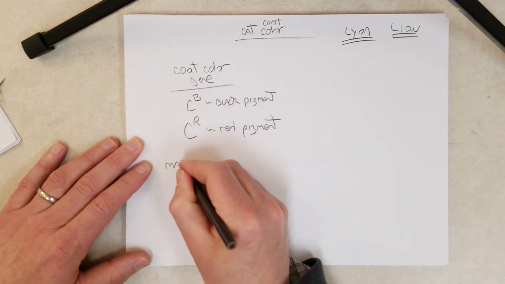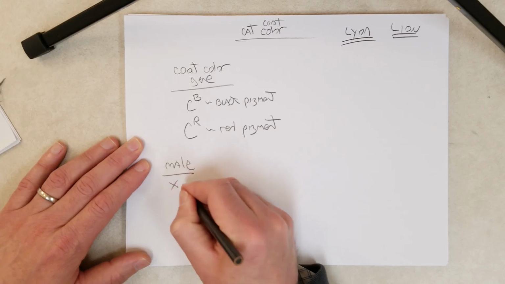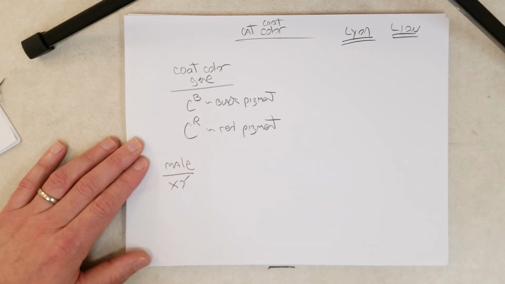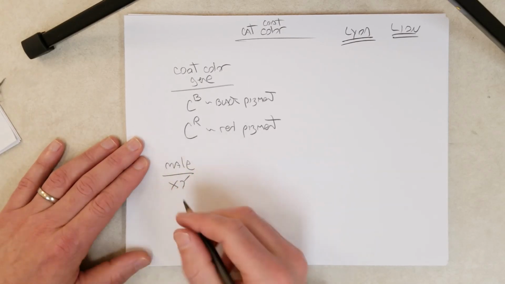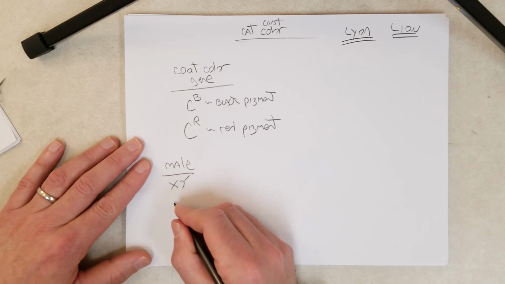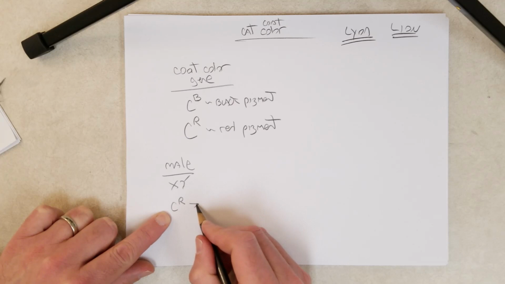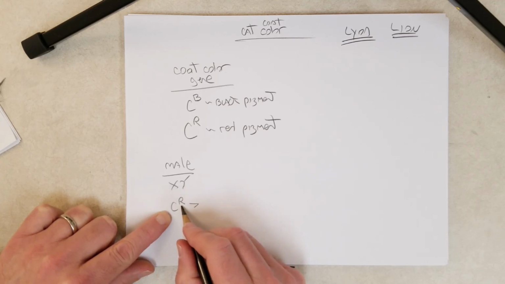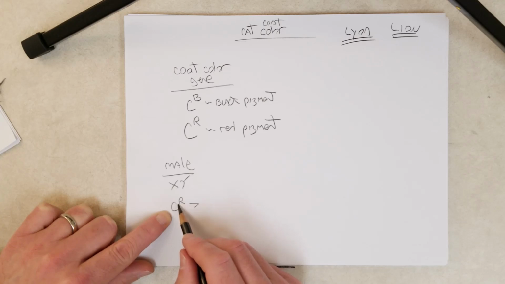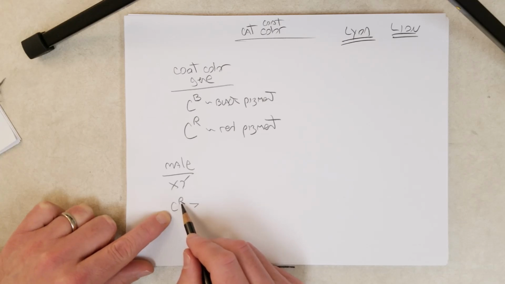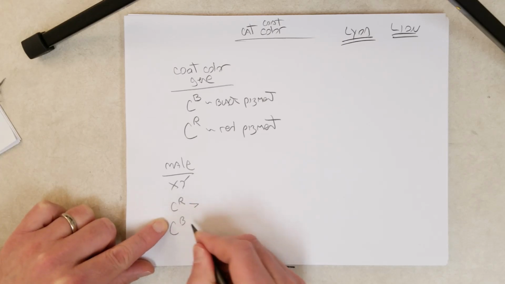Now, male cats, with XY sex chromosome composition, the Y chromosome doesn't have the coat color gene, so males can typically only have one allele for the coat color gene, so CR or CB.